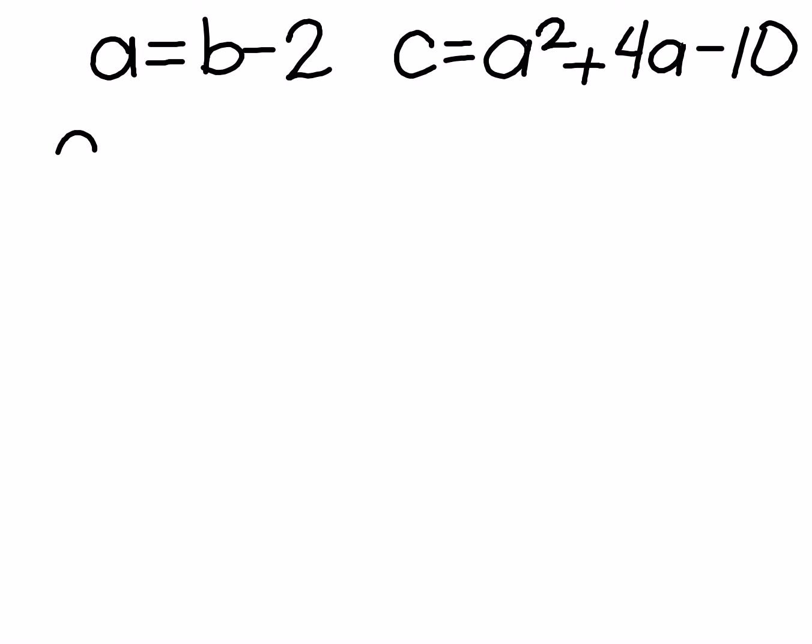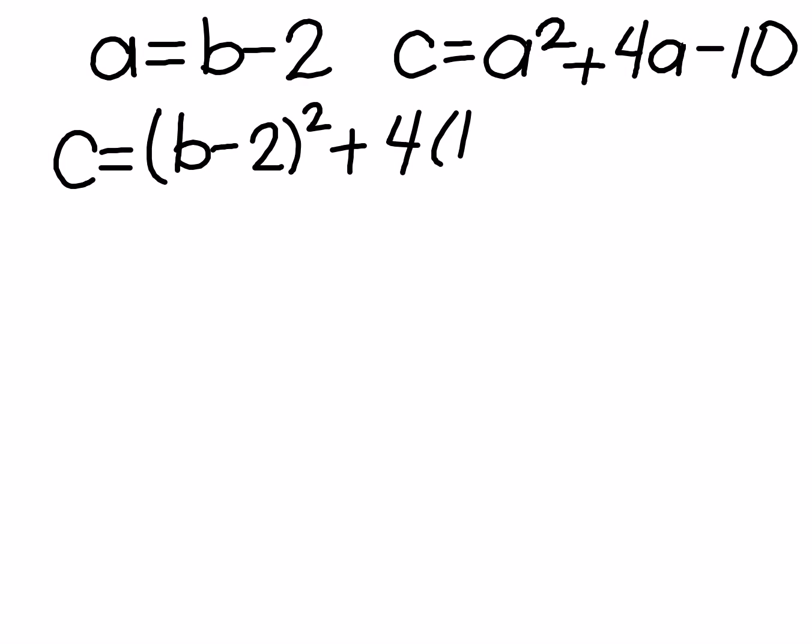So I have c equal, everywhere I see a, I'm plugging in b minus 2 squared plus 4 times b minus 2 minus 10. After that, we're going to work it out. On the first step, we're going to FOIL, first, outer, inner, last. The second one, we're going to apply the distributive property. And then once we do that, we're going to combine like terms.